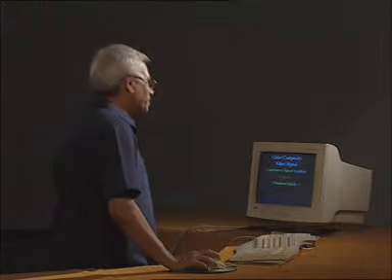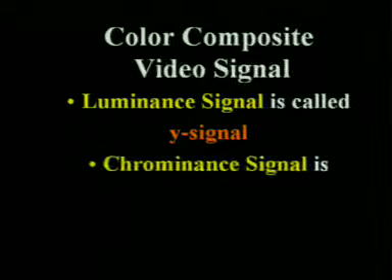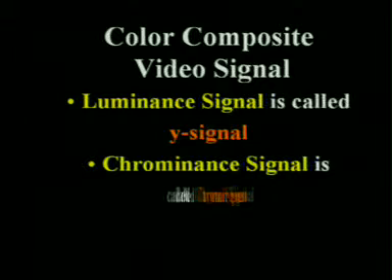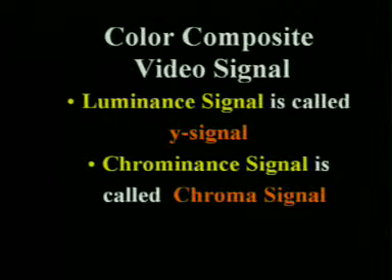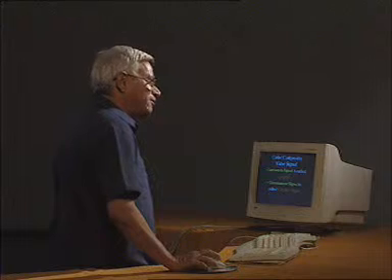The second part is called the chrominance signal, also known as the chroma signal. It means the color composite signal consists of luminance and chrominance components.